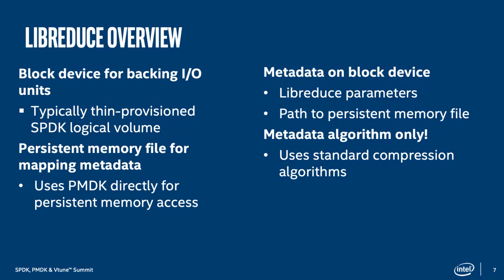We do store a little bit of metadata on the backing block device itself. For those that are familiar with SPDK, we have what we call the examine process. As block devices are found in the system, we give the other block device modules an opportunity to say, oh, I see some metadata that I understand on this block device, and it claims it, and then it can expose one or more additional block devices on top of it.